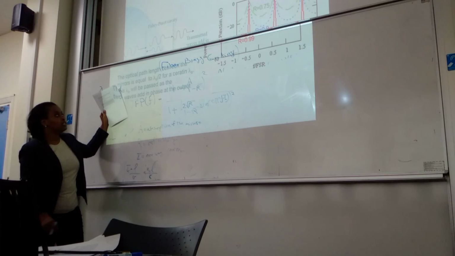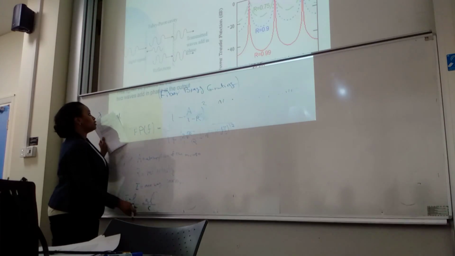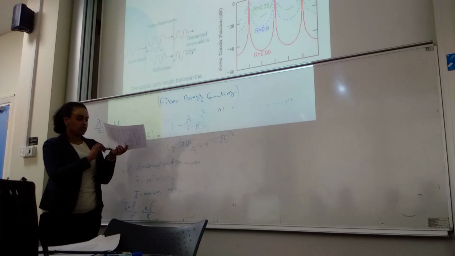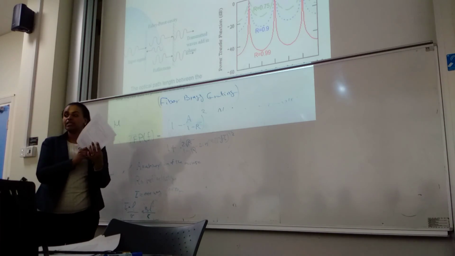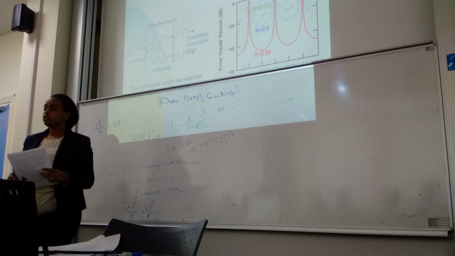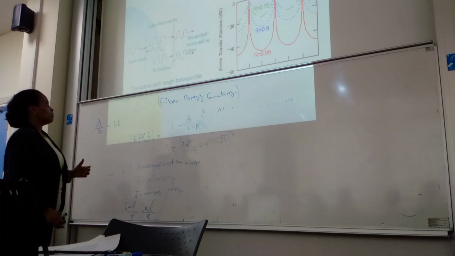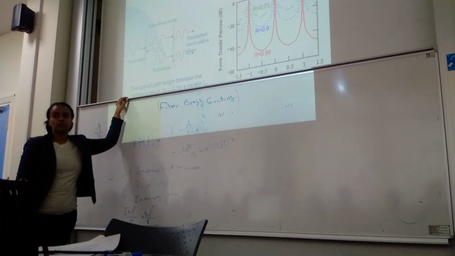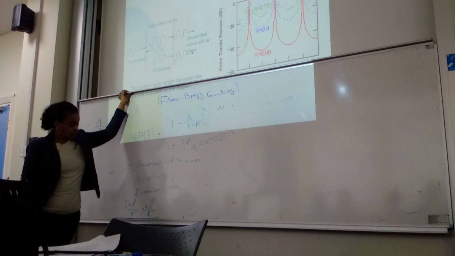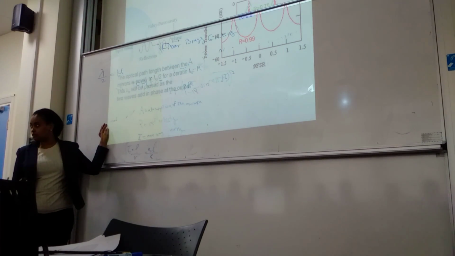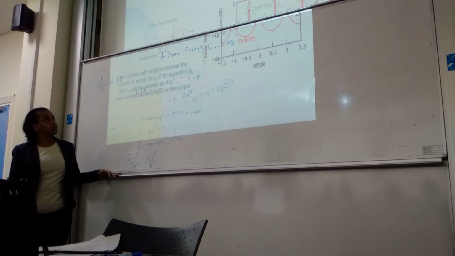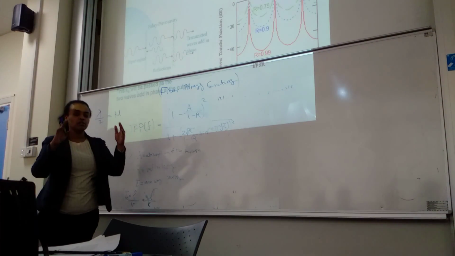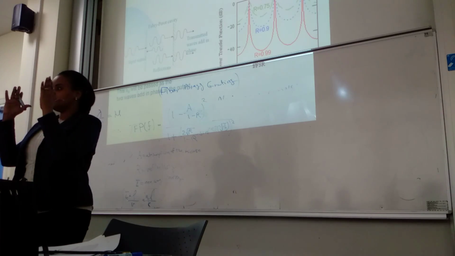Changing L means that we move the mirrors closer or further, and we refer to this as mechanical tuning, which is considered to be really poor because we need to make sure that as we are moving the mirrors, they are still parallel.